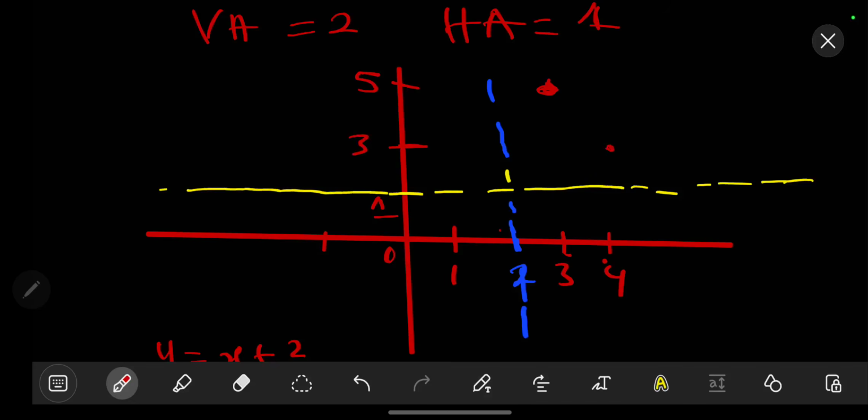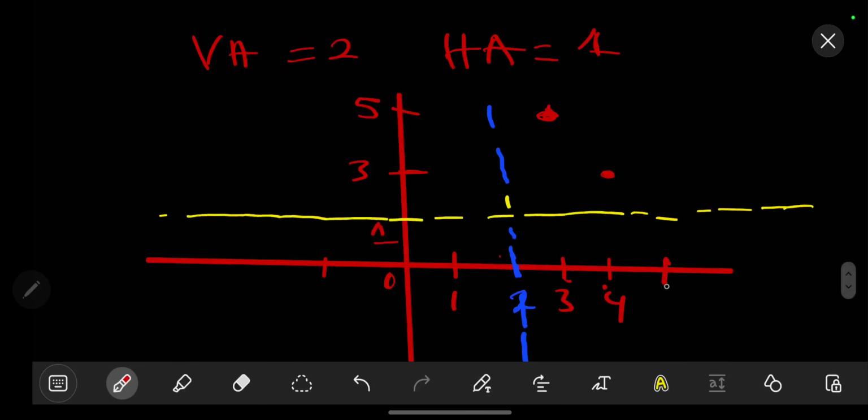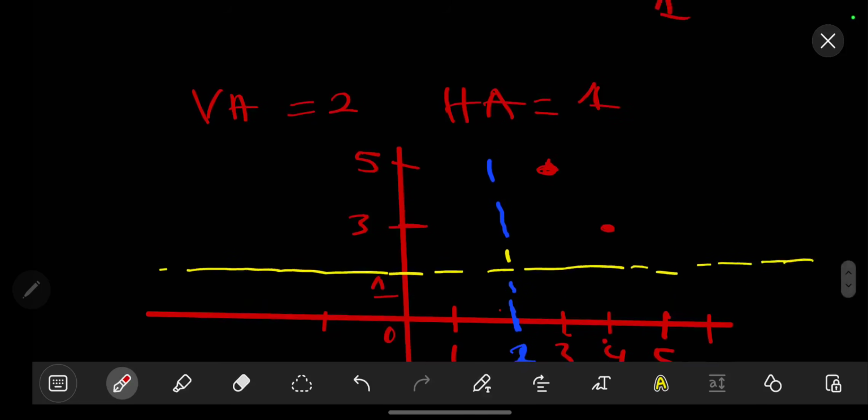We have something like this. So this tells us that as we move to the right, these values of y are reducing. With this we are able to predict the behavior of the graph.